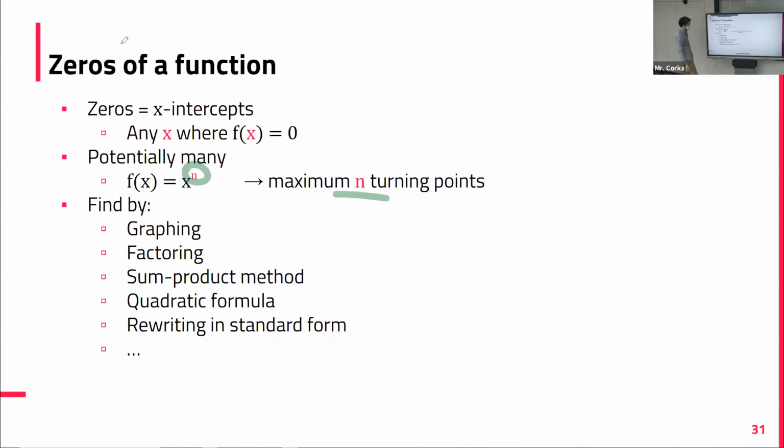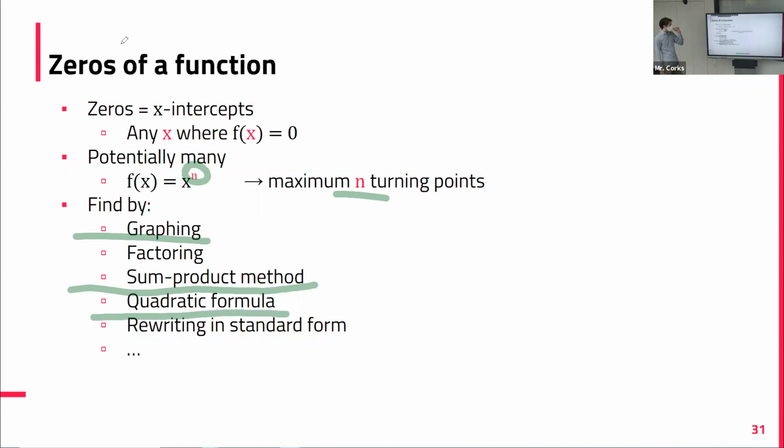And we have lots of ways of finding them. We can just look at a graph, or we can take the equation and do some factoring. There's a sum product method. If we have an a coefficient, you, I'm sure, have all learned the quadratic formula way back in school. I'll ask you to remember what that is in our next class.